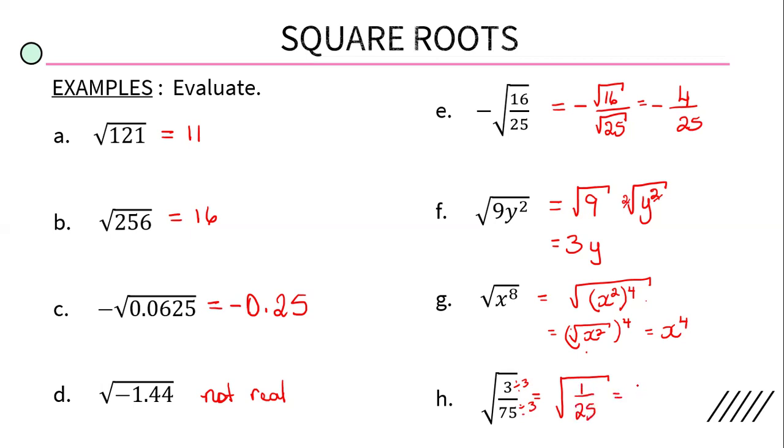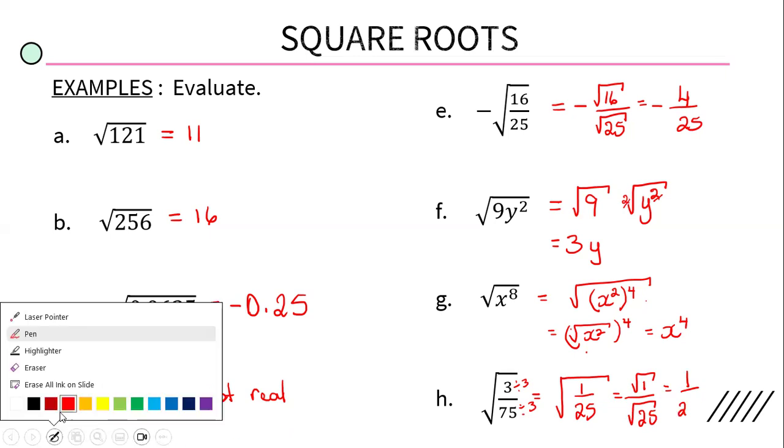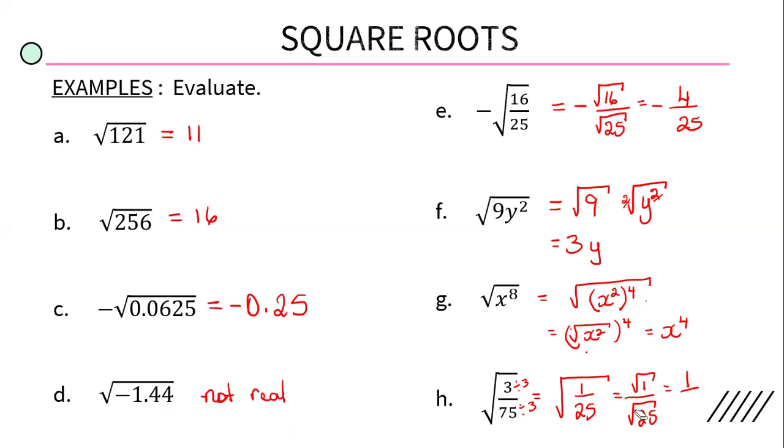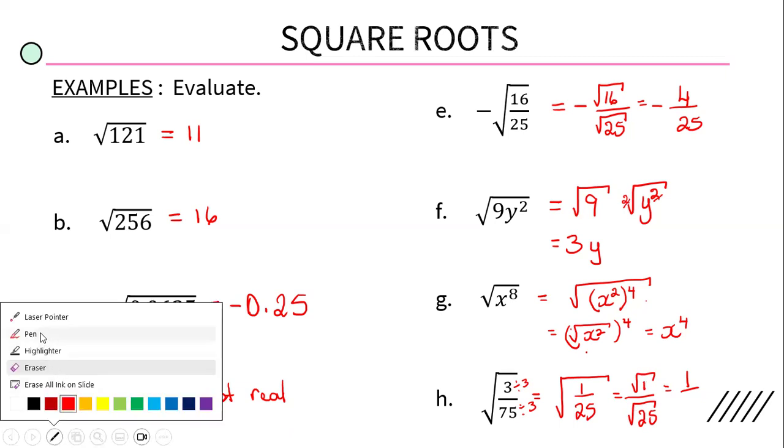I do know the square root of 1, and I do know the square root of 25. The square root of 1 is 1. The square root of 25 is 5.